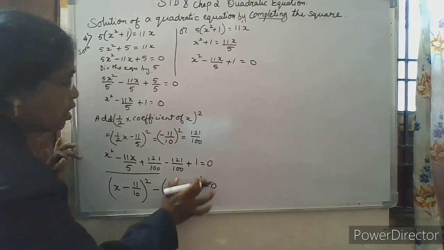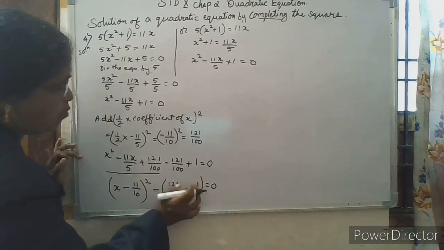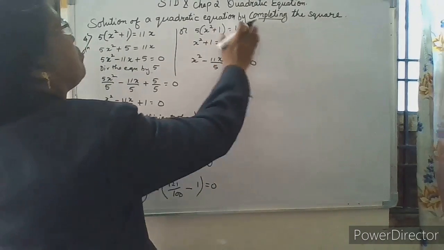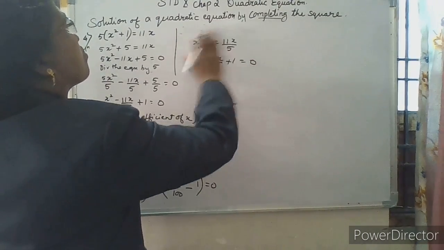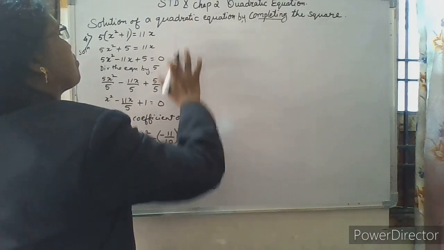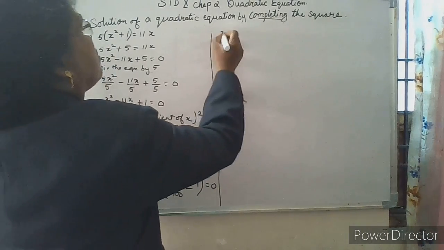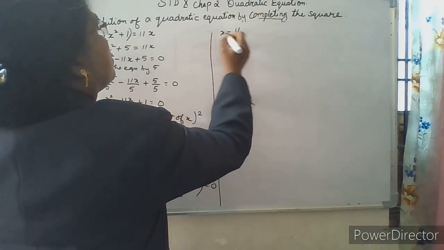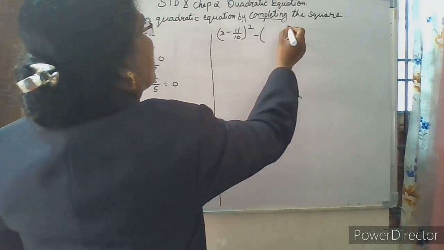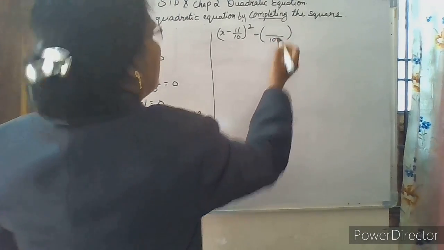Now here this bracket we have to solve. This is a rational number and this is the whole number 1. Now this (x minus 11/10) the whole square, and here the minus in the bracket, if we solve, take the LCM as 100.